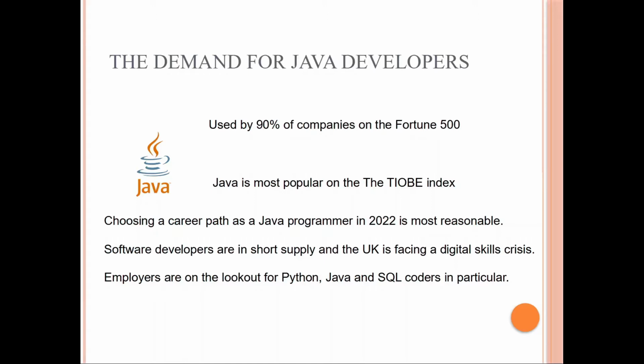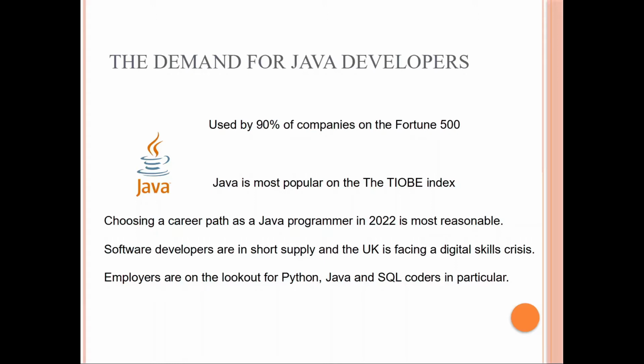Software developers are in short supply, and in the UK they are facing a digital skills crisis. So much so that they are having to import Java developers, especially senior Java developers. And many senior Java developers are flying over to the UK to work on their Java projects.